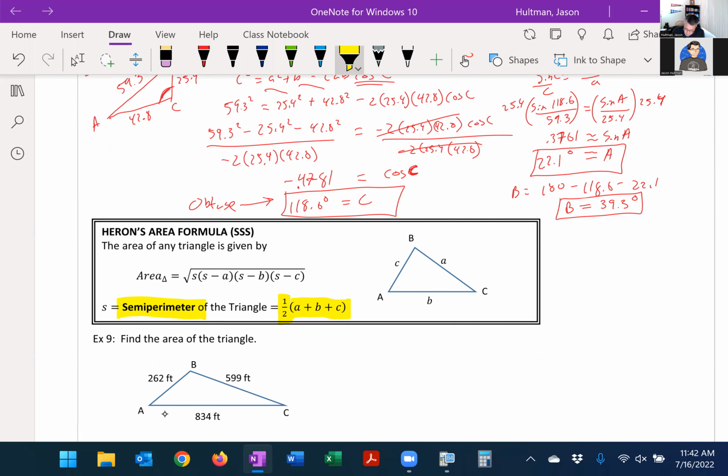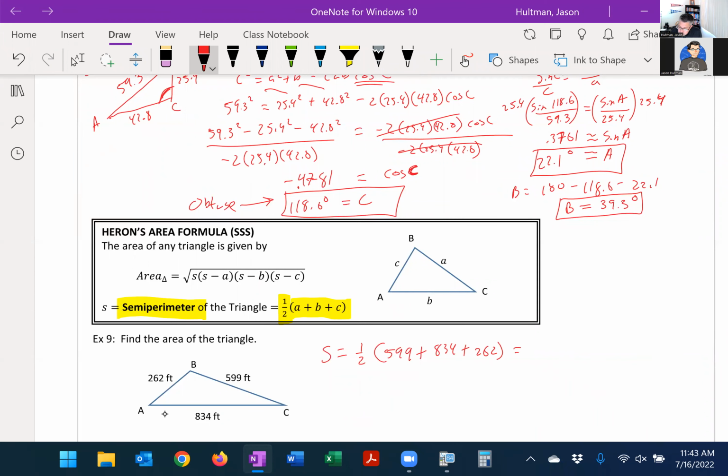The first thing that we always calculate is the semi-perimeter. So S is equal to 1/2 times the sum of the sides. Opposite angle A is side A, so that's 599, plus opposite B is 834, plus 262.